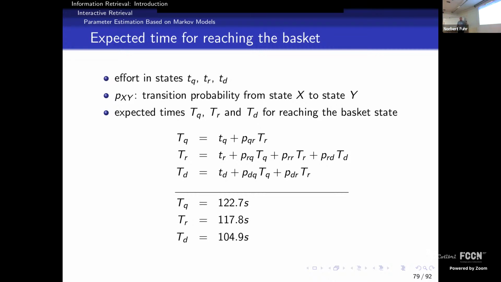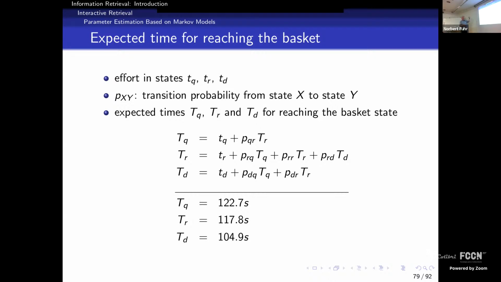We want to reach the state where we found a relevant document. Then TQ. So from the very beginning, we first have to formulate a query. Then with a certain probability, which happens to be 1, we go to the result item. And then we have TR. For the result item, we first have to look at the result item, lowercase tr. Then with a certain probability, we go back to the query, and then we have TQ again.